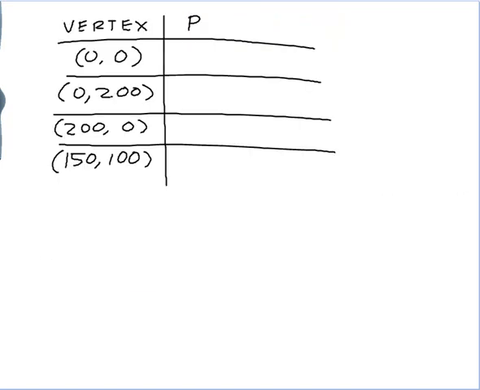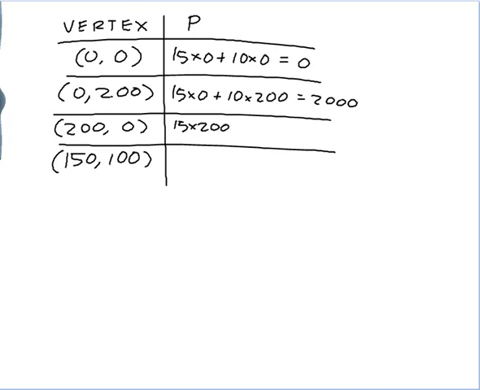So 15 times 0 plus 10 times 0 is 0. 15 times 0 plus 10 times 200 is 2000. 15 times 200 plus 10 times 0 is 3000, and 15 times 150 plus 10 times 100 is 3250.